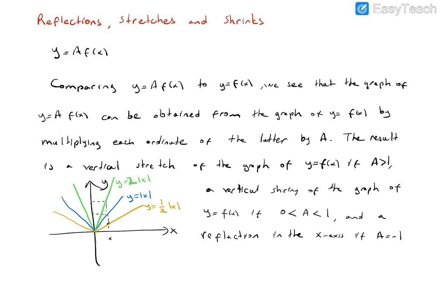For example, if a is minus 2, you should consider it as a combination of the first case, a bigger than 1, which is 2, and we also multiply by minus 1. If a is minus 1 over 2, again by combining the second case, the vertical shrinking case, and the reflection case, you can obtain the graph.